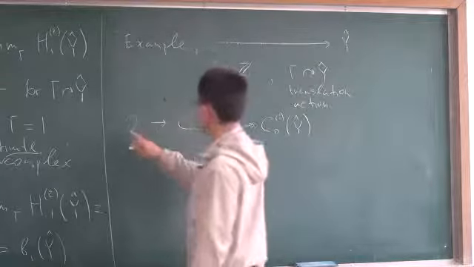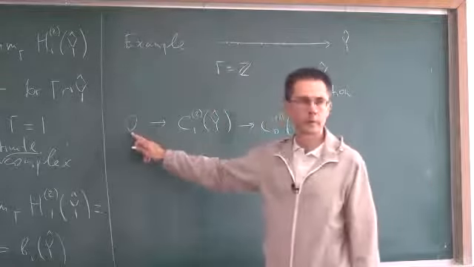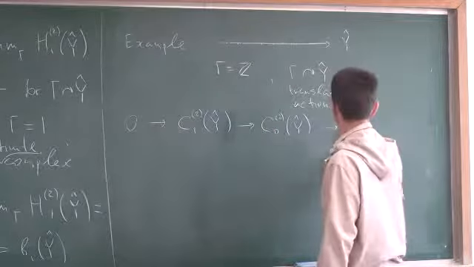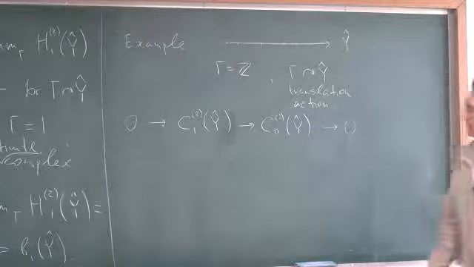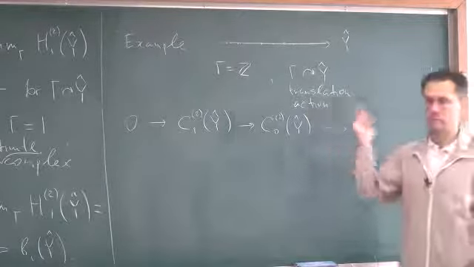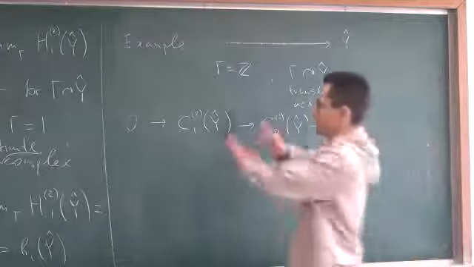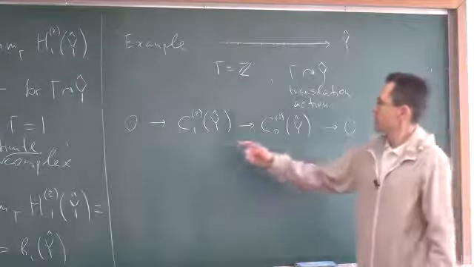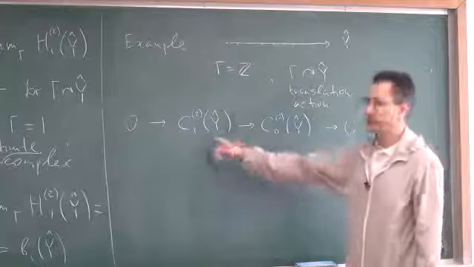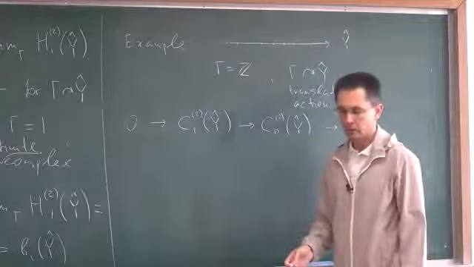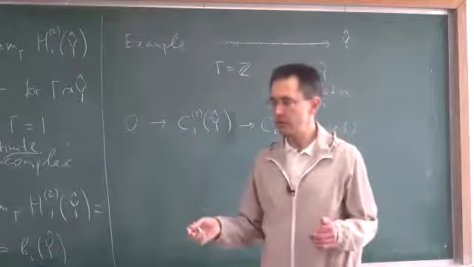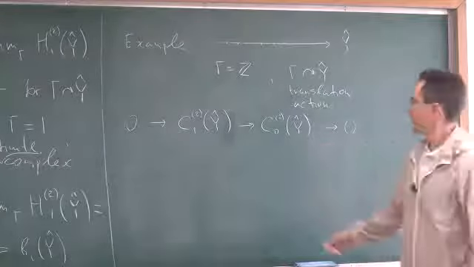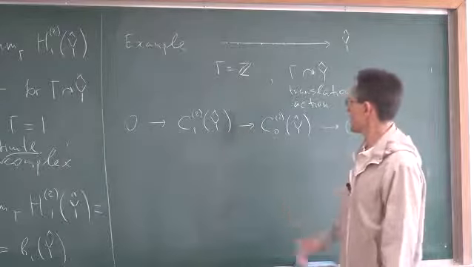Before this, there is C_2, but that is 0, because there are no two-dimensional cells. And then we have 0 here. All the rest, you can extend this diagram by zeros infinitely. But the essential part is concentrated in dimensions 0 and 1. So all L2 Betti numbers in dimensions other than 0 and 1 will be zeros. These two are the only non-trivial cases.